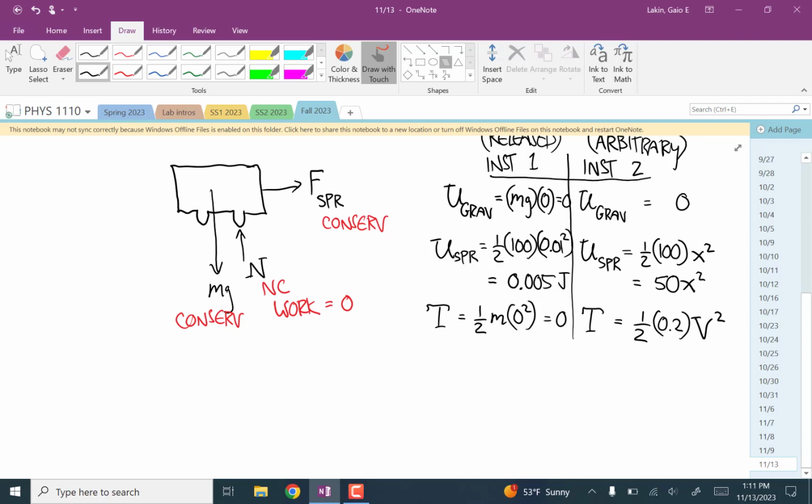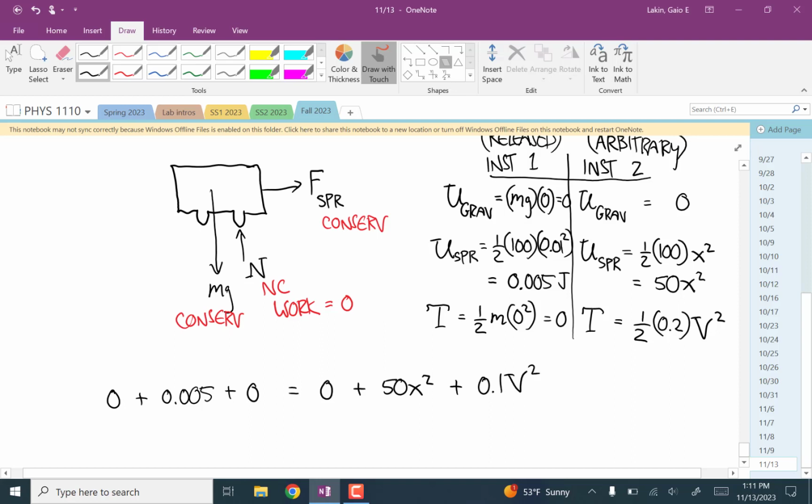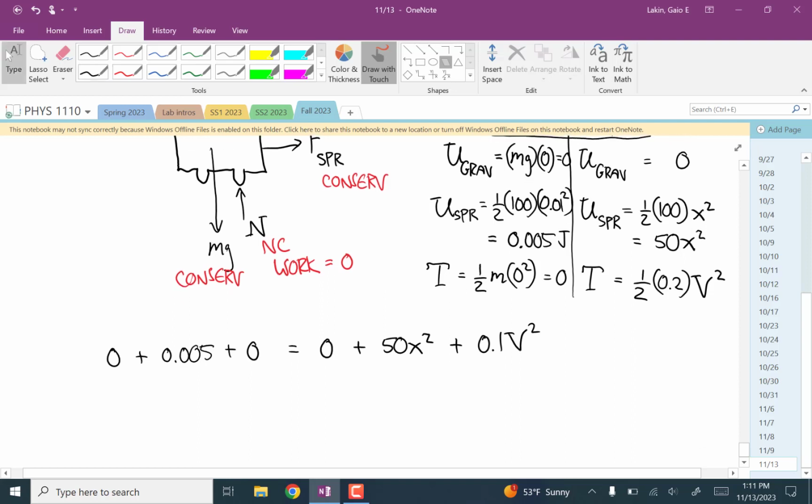Okay, so conservation of mechanical energy says 0 plus 0.005 plus 0 is equal to 0 plus 50x squared plus 0.1 v squared. Subtract 50x squared from both sides, you get 0.005 minus 50x squared.